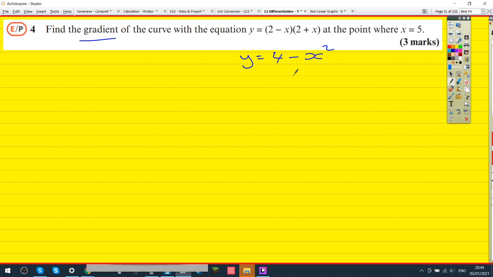Would you multiply 2 by x as well? Only by 4 when you're multiplying the coefficient by the power. Differentiate each one separately.